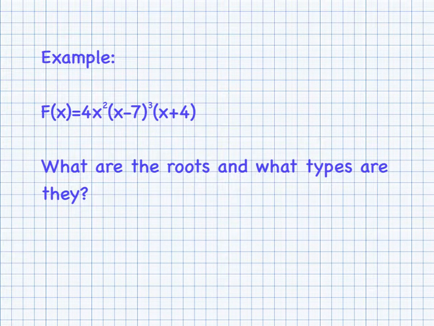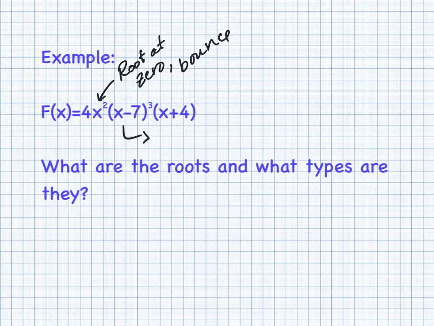So, for example, the root associated with x squared would be a root at 0, and it would be a bounce because of the x squared. For the x minus 7 to the third, that would be a root at 7, and it would be a flat root because of the x to the third.